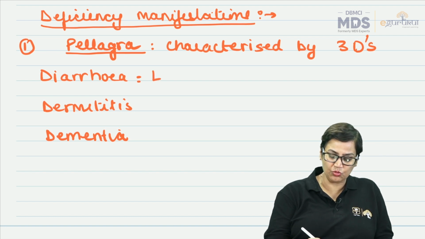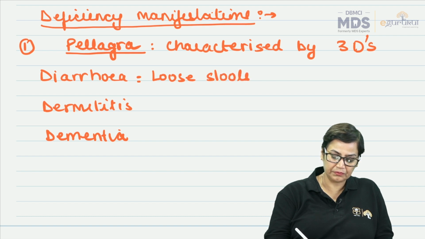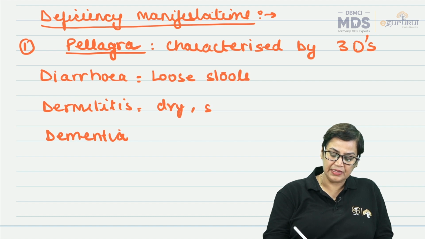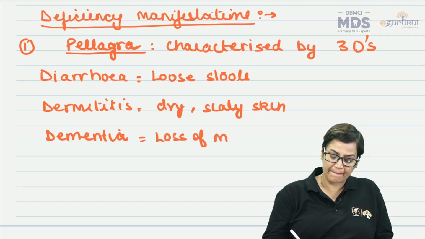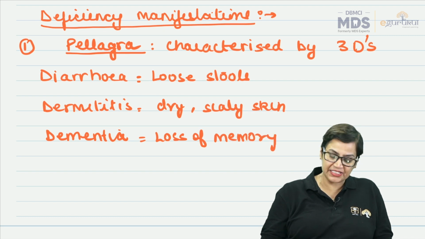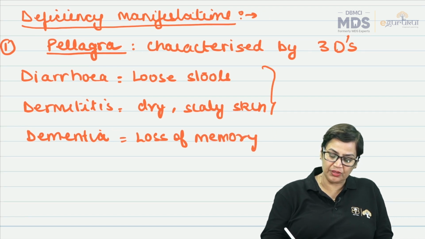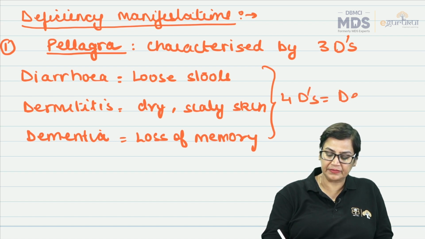Diarrhea is simply loose stools. Dermatitis is dry, scaly type of skin, and dementia is loss of memory. And these three can lead to the fourth D, which is death.